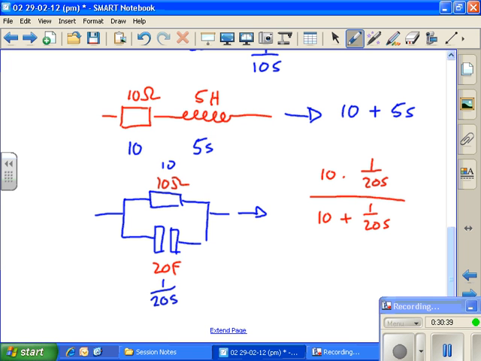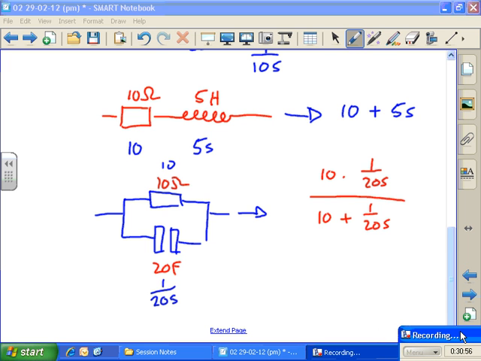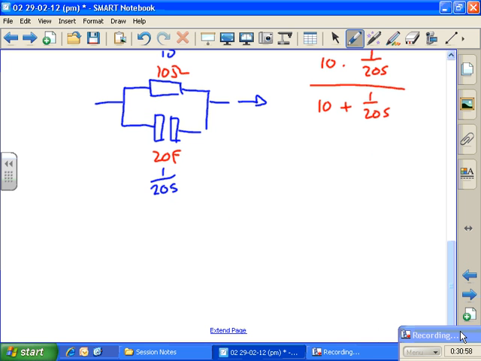Now, here comes the algebra. Okay, we don't leave it like that. Basically, what we're trying to do is get a whole number of s's on the bottom. And so let's have a look at how we do that.